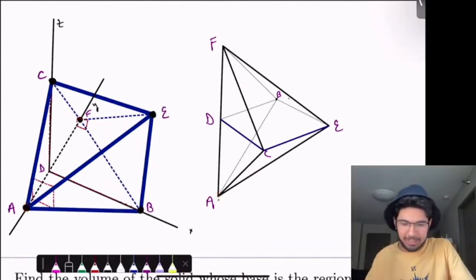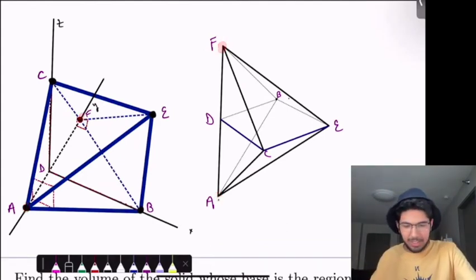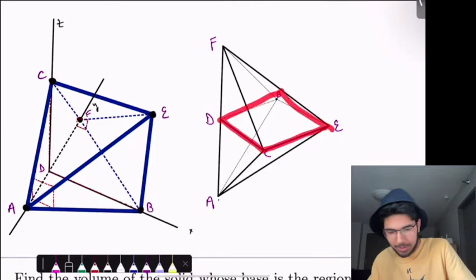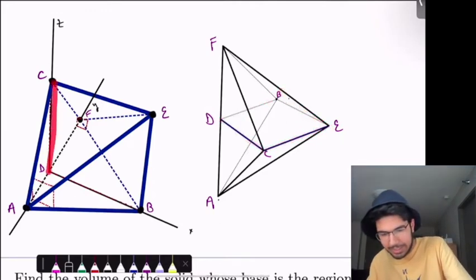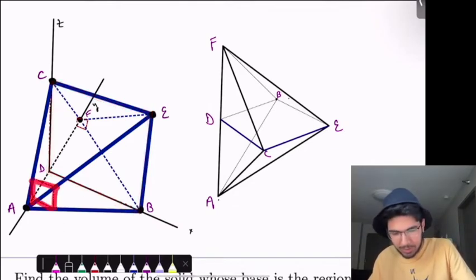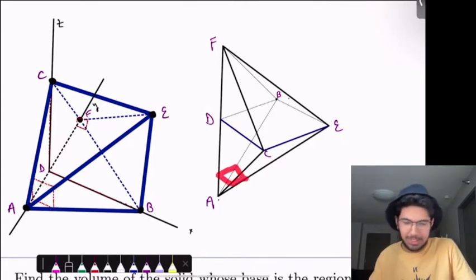and then point F is up here. And this, oops, that's not a good drawing. This square right here corresponds to this cross section right here. And I guess this square right here would correspond to a cross section down here.